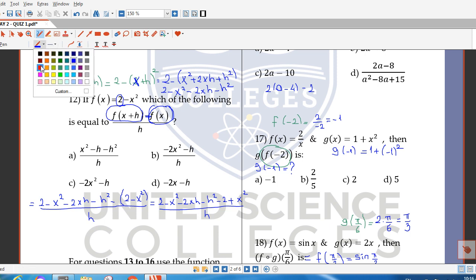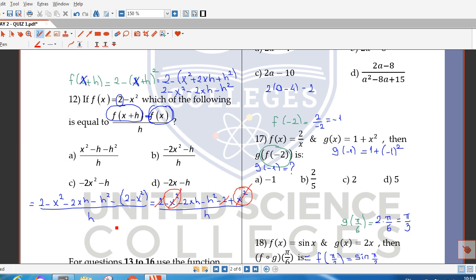There will be some common terms with opposite sign. For example, there is plus 2 here, there is minus 2, so it will be 0. There is negative x squared, there is positive x squared, so addition of them will also be 0.